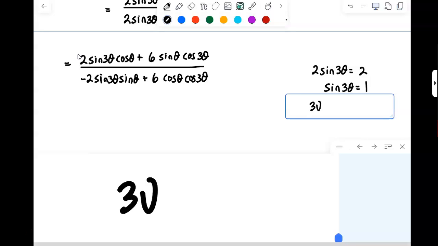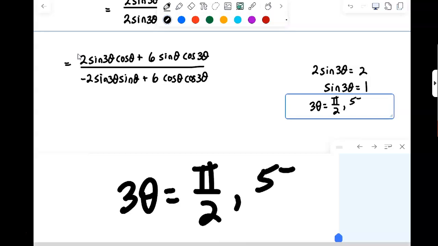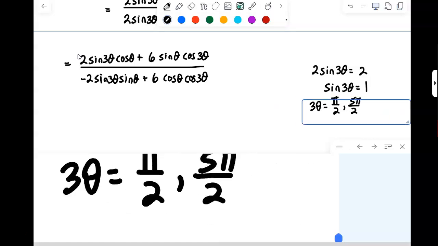That would happen when 3 theta is equal to, well, the first time around, pi over 2. And we go around the second time to 5 pi over 2. Sine is 1 at just pi over 2, and then the second time around, 5 pi over 2.